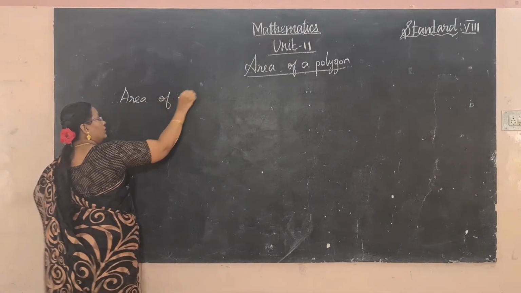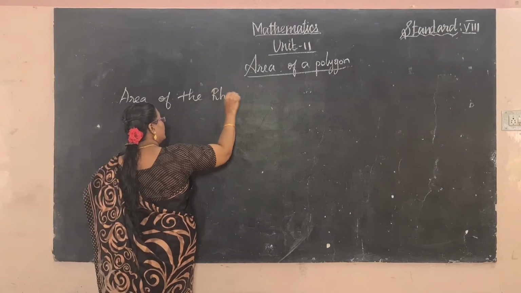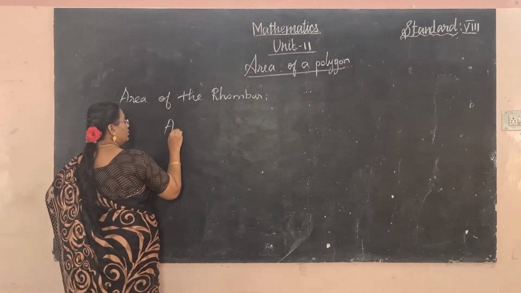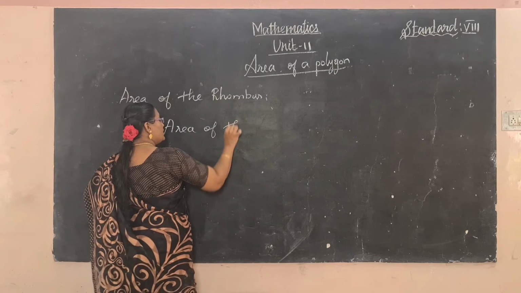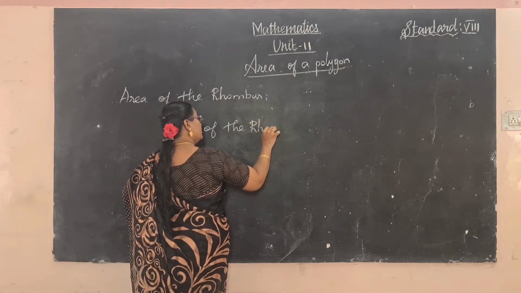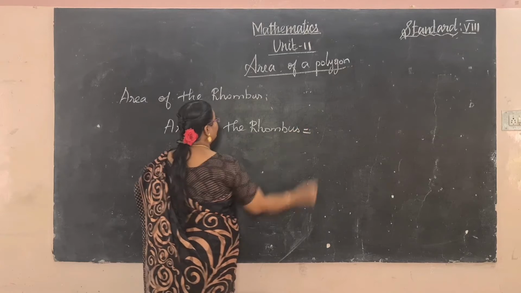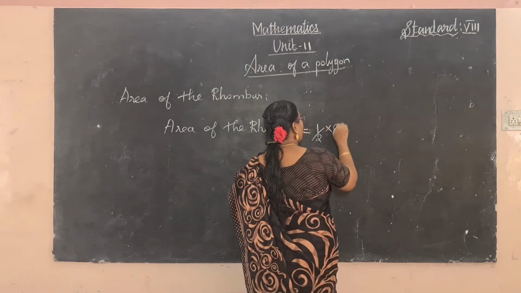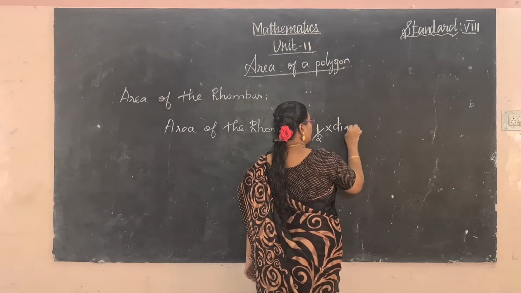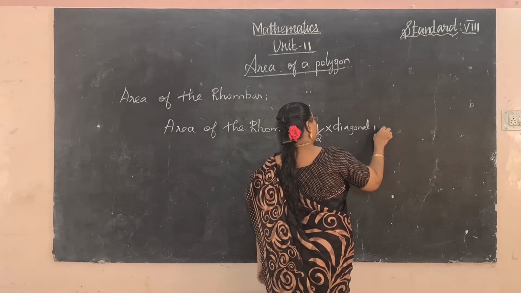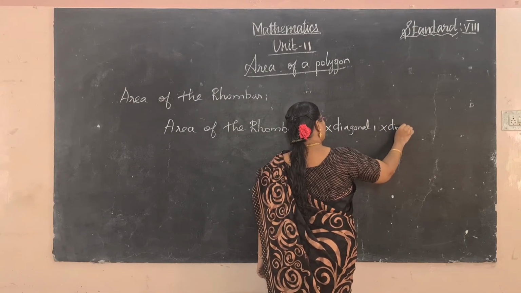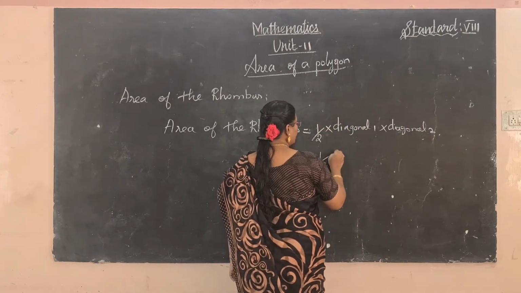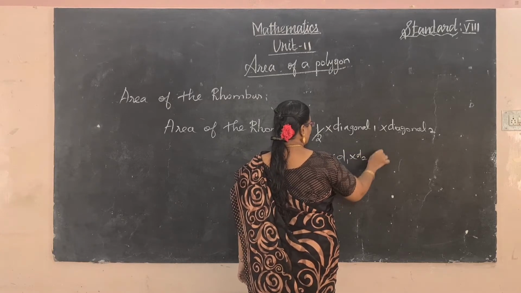So area of the rhombus formula: area of the rhombus is equal to half into diagonal 1 into diagonal 2. So half into D1 into D2 square unit.